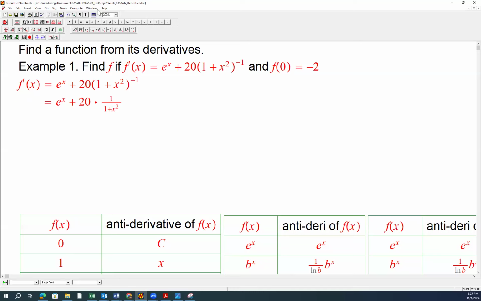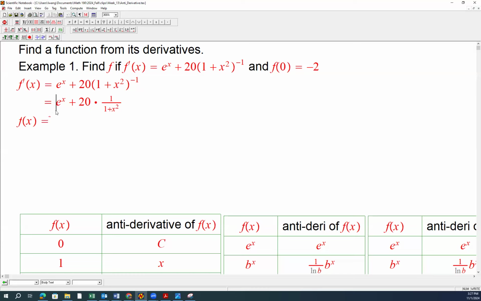All right, so f of x is the antiderivative of f prime, okay? Function f is the antiderivative of its first order derivative.